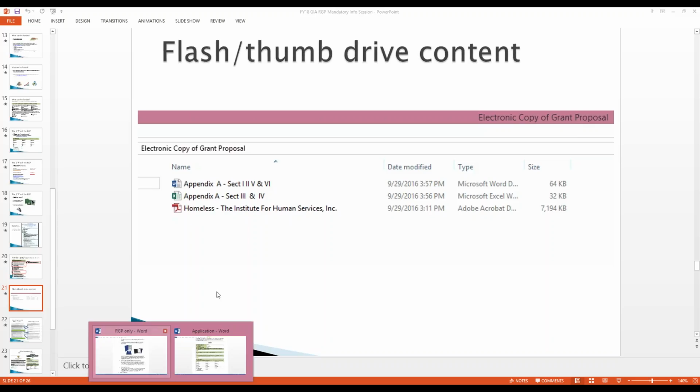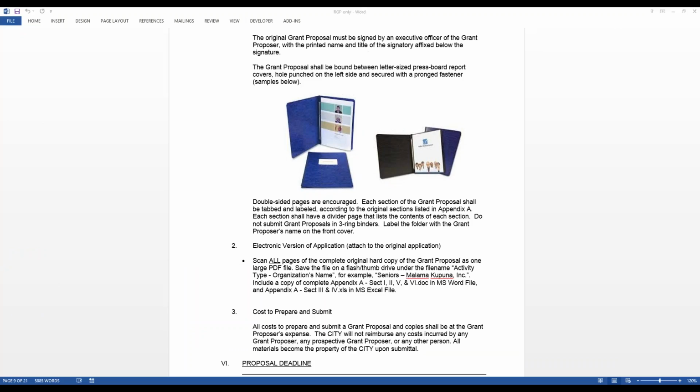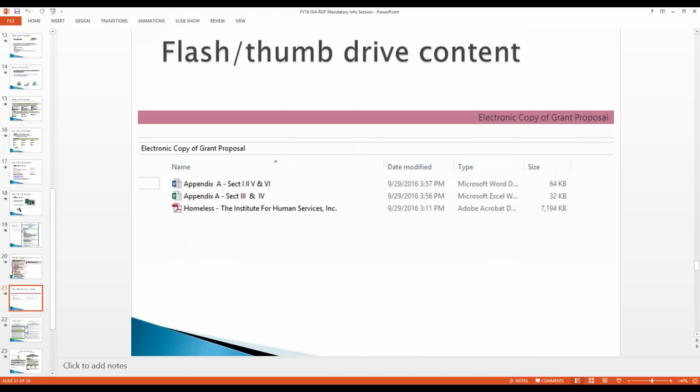So let me go back here quickly, and I want to highlight activity type and organization name. So for example, if you're doing public service to the seniors, you name your file as seniors-Malama Kupuna, which is the name of the organization. If you're doing homeless services and you are Institute for Human Services, then you name your application homeless-the IHS. Going back to my slide.